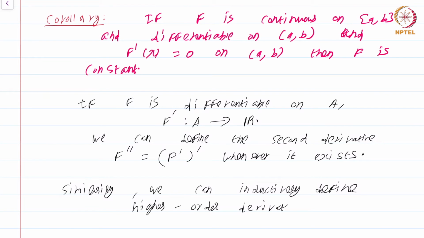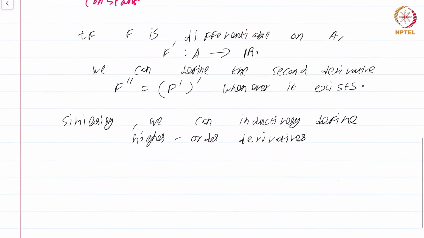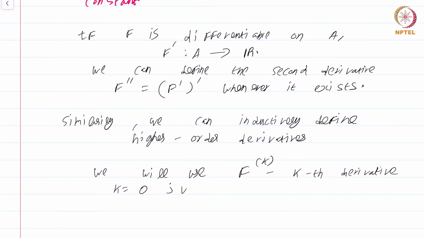Now this prime notation for derivatives quickly starts to become very annoying once you cross 3. Even 3 itself looks a bit ugly, writing something like f triple prime of x. So better notation is just this. We will use f superscript k to denote the k-th derivative, with the additional convention that k equal to 0 just gives back the function.